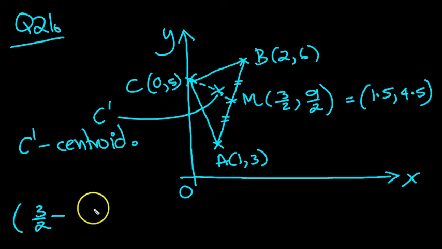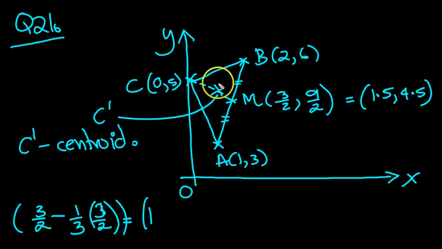So take a third off the x value. Now what's that distance in terms of the x? 0 to 3 over 2. So it's 3 over 2 minus a third. 3 over 2 minus a half is 1. So that's the coordinate there.